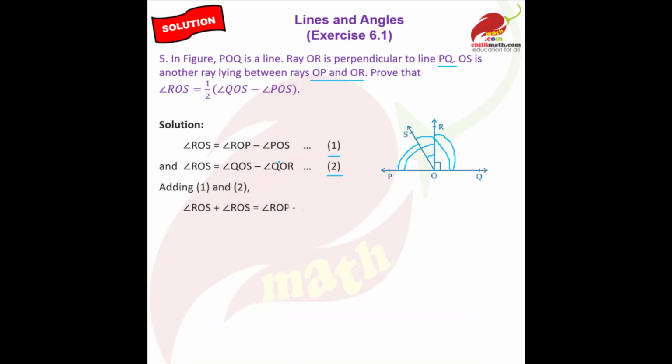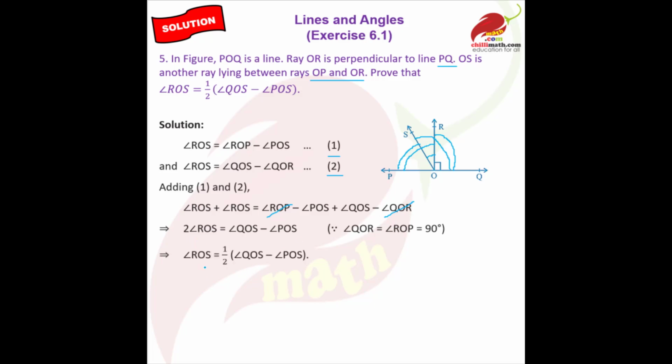Adding 1 and 2, we get ROS plus ROS equal to sum of these right hand sides, which is equal to 2 into angle ROS equal to QOS minus POS, because in this equation QOR and ROP both are 90 and they'll get cancelled. So dividing by 2, we get angle ROS equal to half of angle QOS minus angle POS.